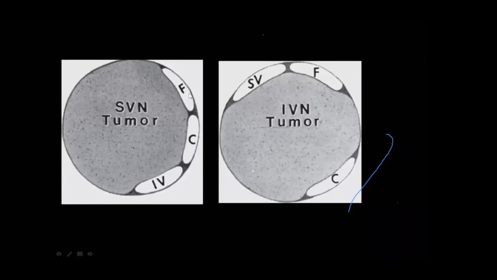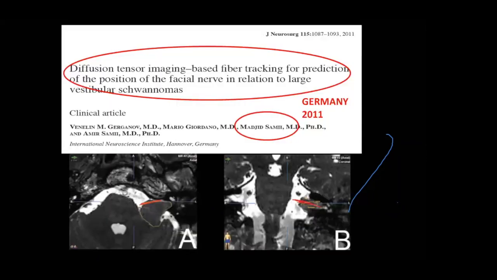So compare this to this. Actually, people say most of the time the facial nerve is anterior or anterosuperior to the schwannoma. Correct, but it could be anywhere. And Vijitami used this paper to see where the facial nerve is, 2011, and you can see using diffusion tensor, this is where the facial nerve is.